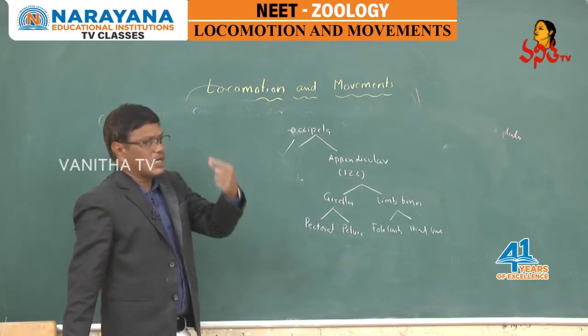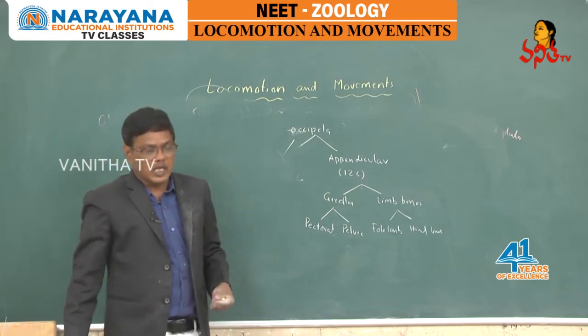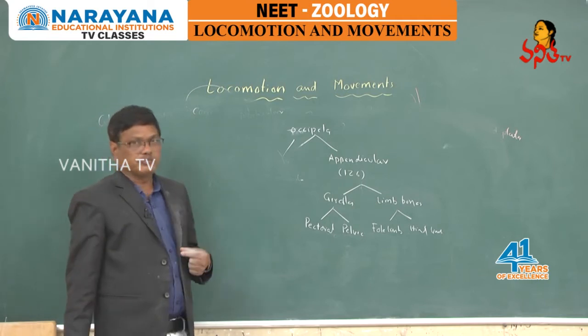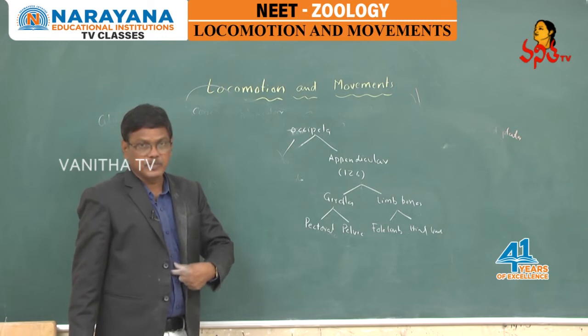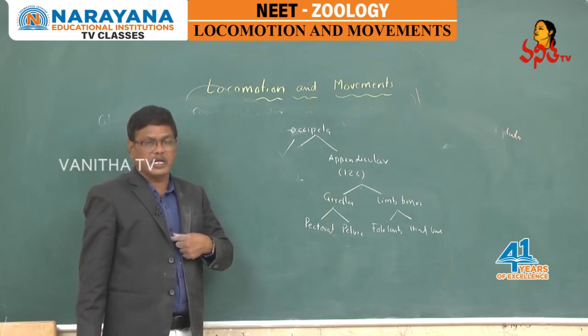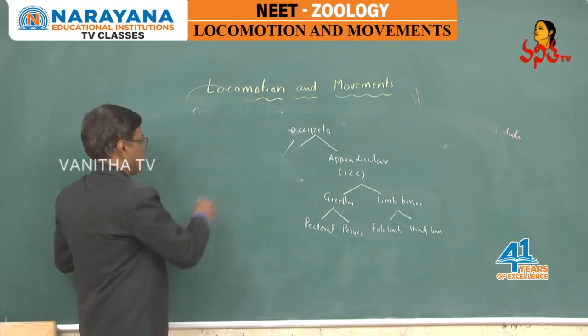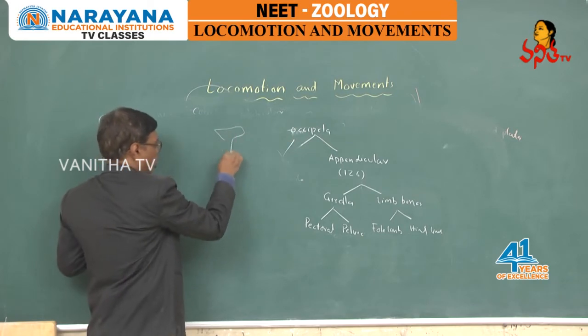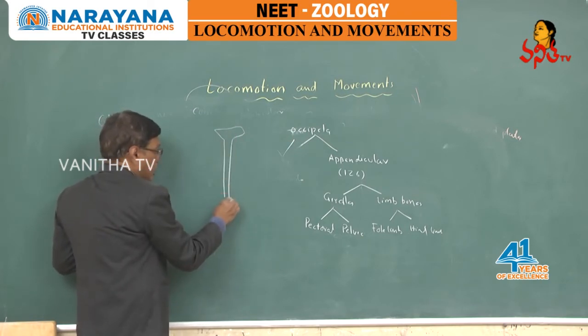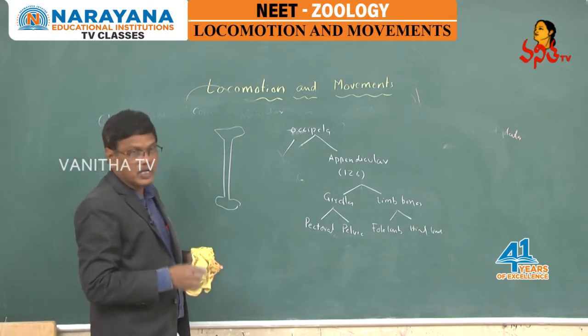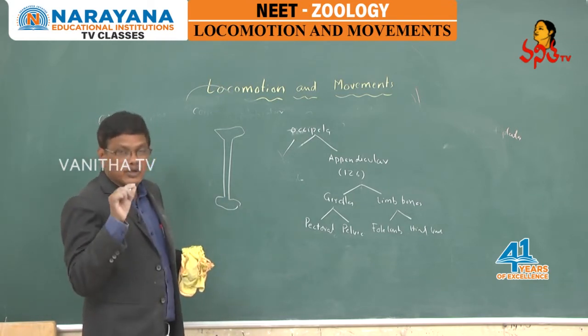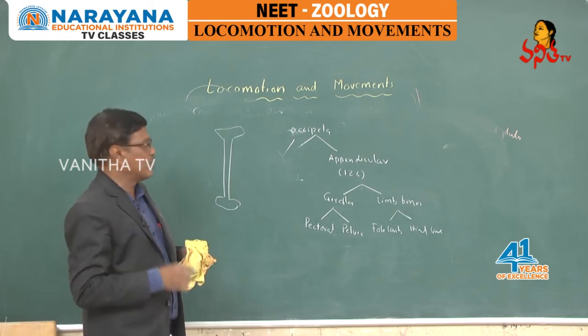That is about the skull. Then coming to the sternum. Sternum lies mid-ventrally in the thoracic region. The sternum only provides the articulating surface for some ribs and thoracic muscles and abdominal muscles.